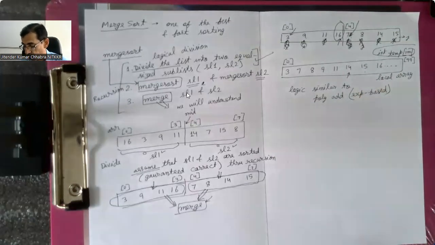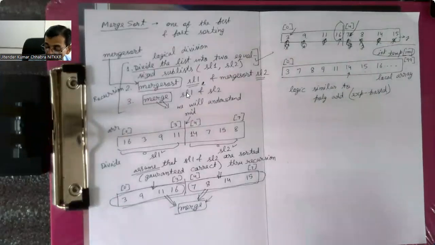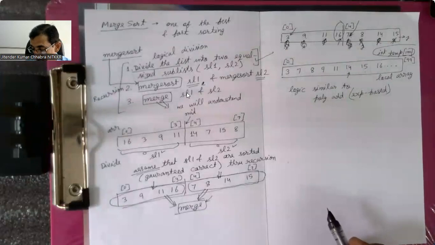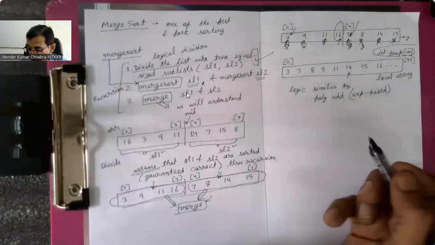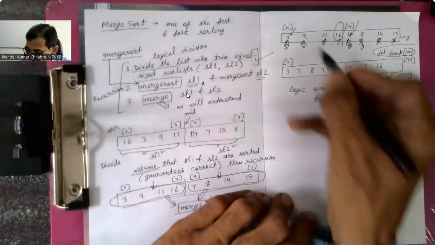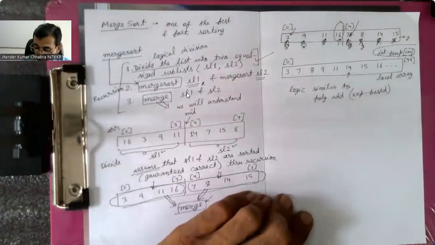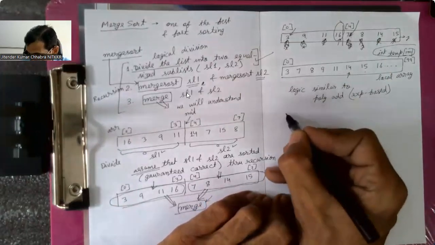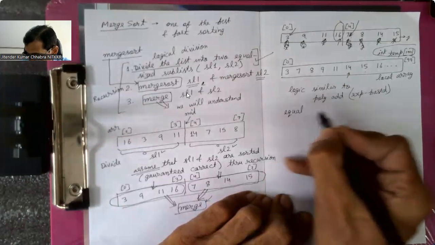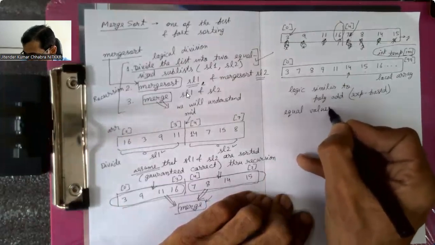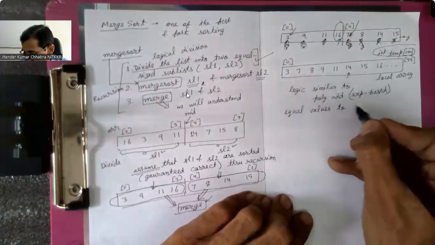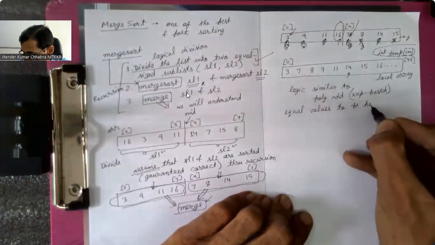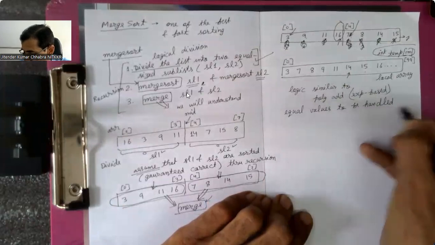We had two polynomials, we compared their exponents, and in that case, the greater exponent was copied, and accordingly we shifted I and J. Of course, equality there had a special meaning. In this case, we didn't have equal values, but equality also we have to use carefully. So equal values will also have some solution that we will discuss after a few minutes.